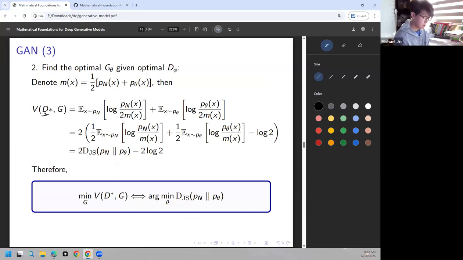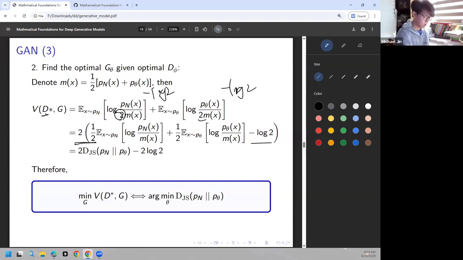The first one is log p over M, and we get a half and 2. This is because we want a coefficient that corresponds to JS divergence, right? But we also have a 2 in the denominator. Because it's a log function, we can pull it out. We can subtract log 2 here and also subtract log 2 here, so we result in minus 2 copies of log 2.